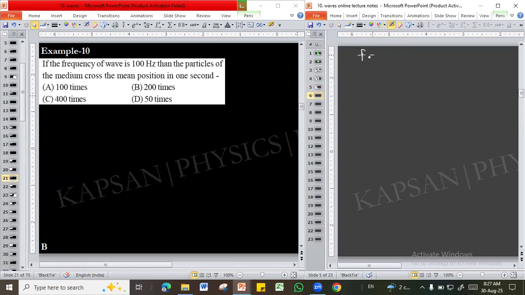What is the frequency of the wave? 100 hertz. Can I write 100 hertz as 100 oscillations per second? How many times the particle crosses the mean position? Okay. In 1 second. Frequency has been given and number of times the particle crosses the mean position in given time. Given time is 1 second is asked.